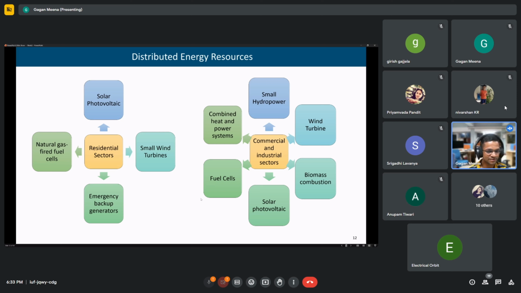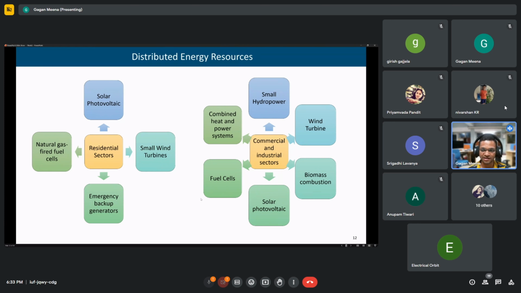Some micro turbines are also being developed for that. Emergency backup generators can also be seen in commercial complexes, and residential complexes as well. And then natural gas fired fuel cells. All these are options for residential sectors.